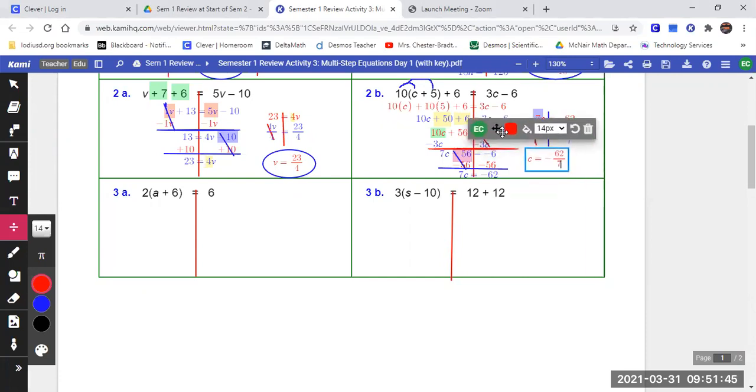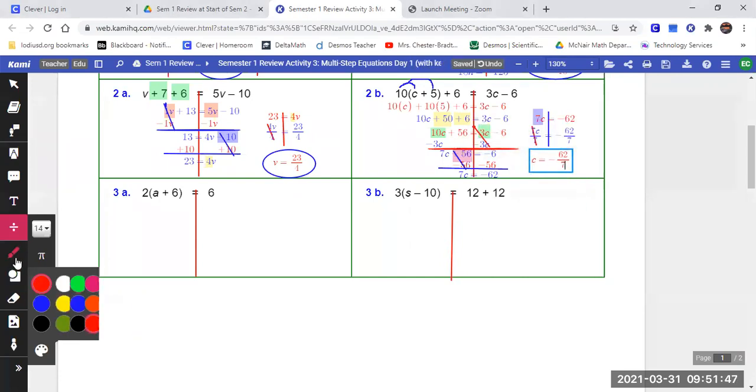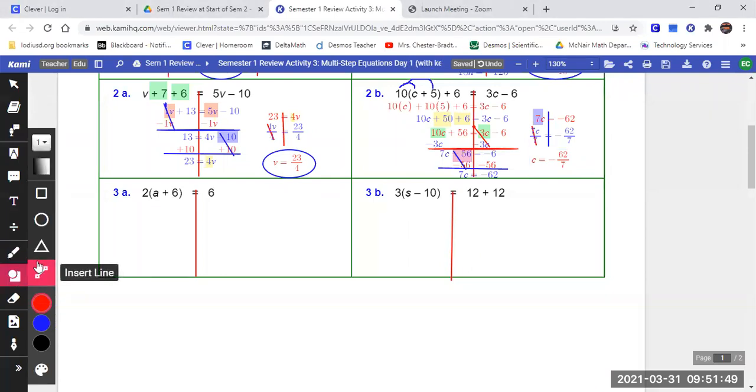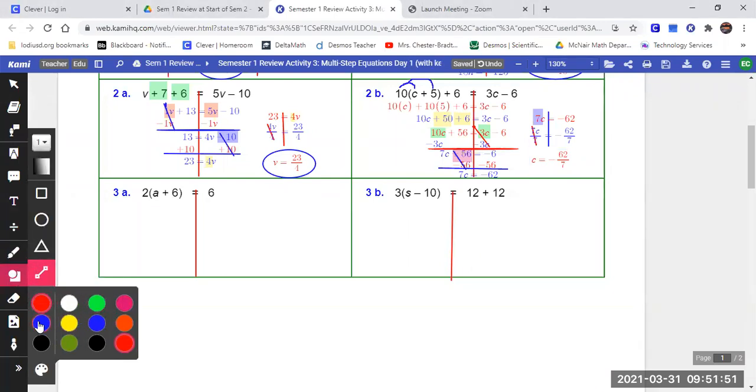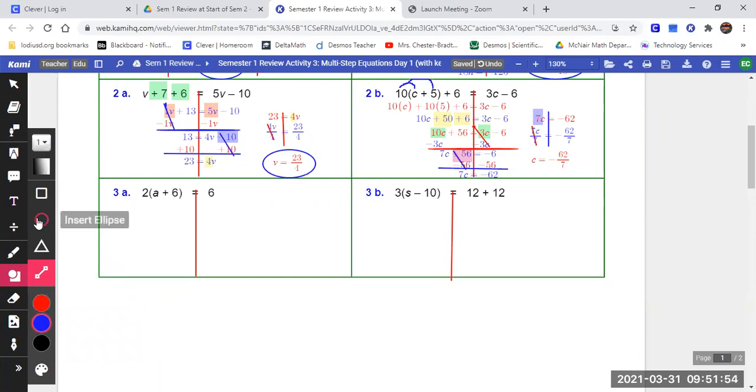But what if it was dividing by 8? Can 62 and 8 simplify each other a little bit? Yes, because 62 is an even number and 8 is an even number, I would be able to simplify by 2.